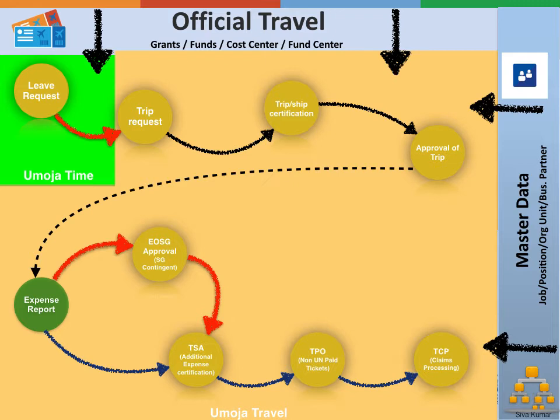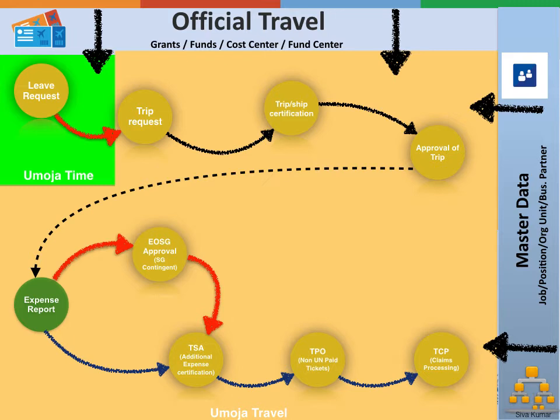If the staff member is marked in the travel request as going as part of the SG's delegation, then the expense report will be routed to EOSG for approval, because there might be an additional DSA entitlement allowed when you are part of the SG's contingent.